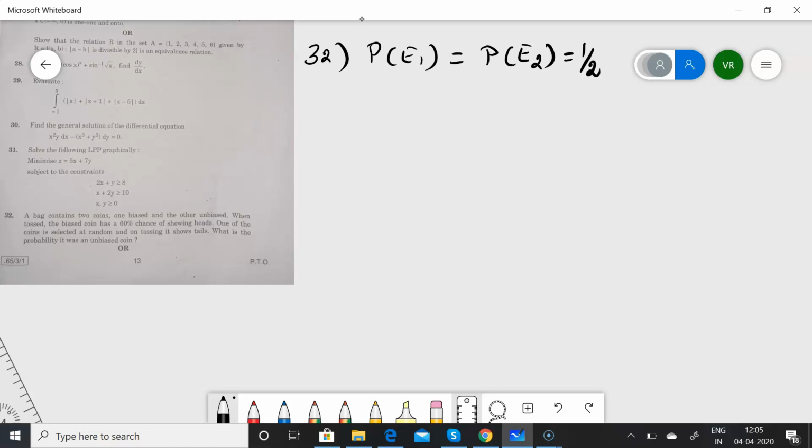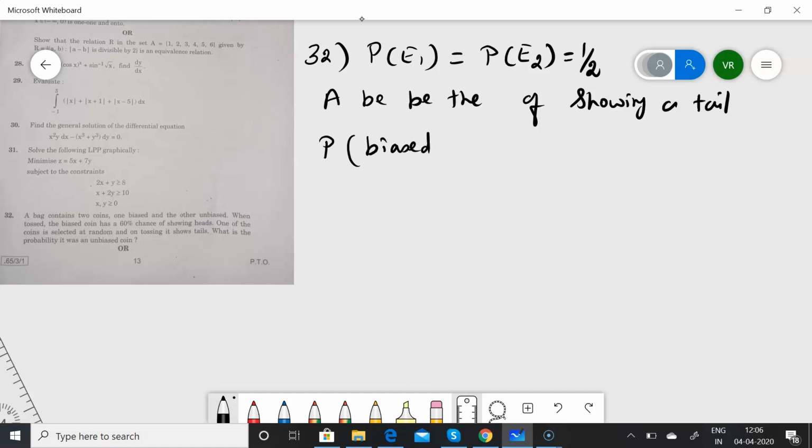Let A be the event of showing a tail. He says the probability of the biased coin showing heads is 60%.